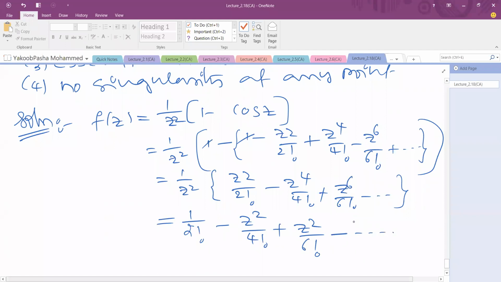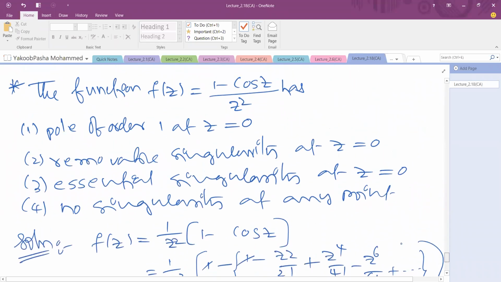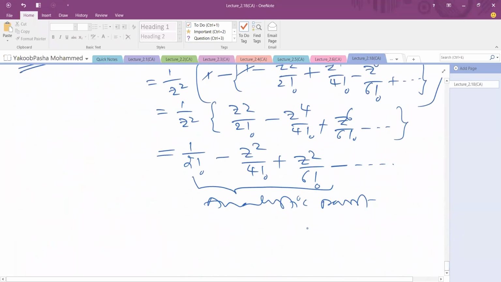Okay. Here this is a completely analytic part. This is completely an analytic part. We are talking about z equal to 0. There is no principal part.